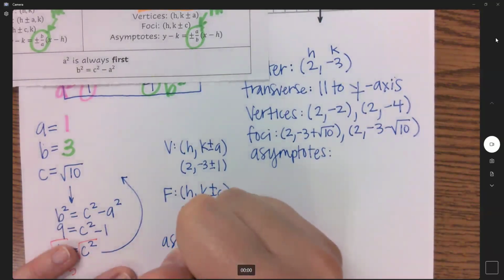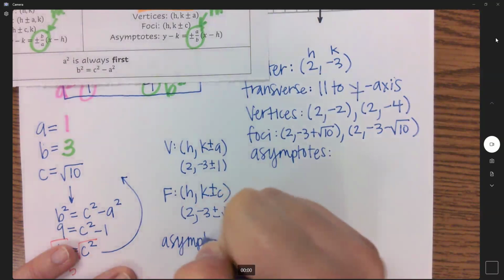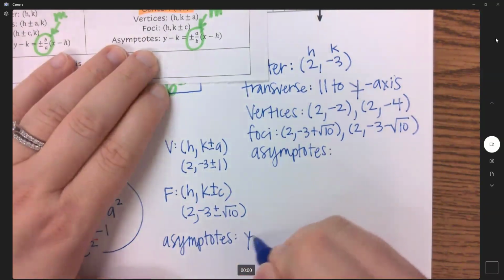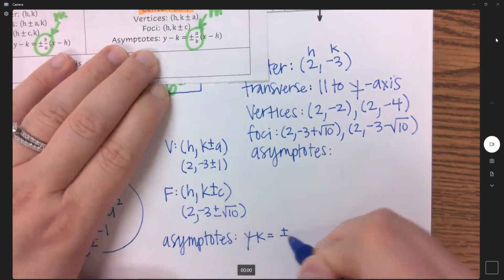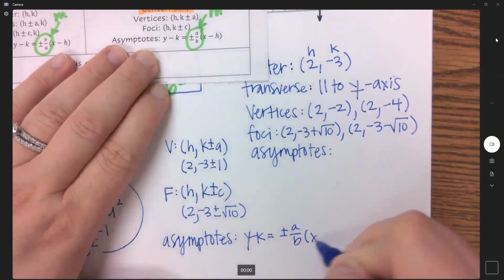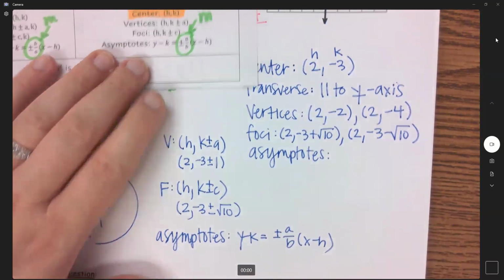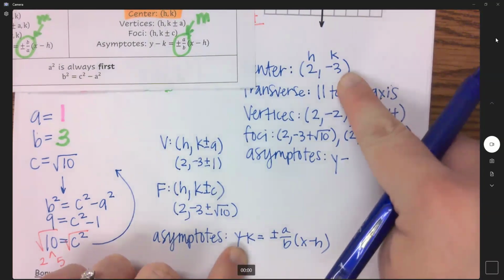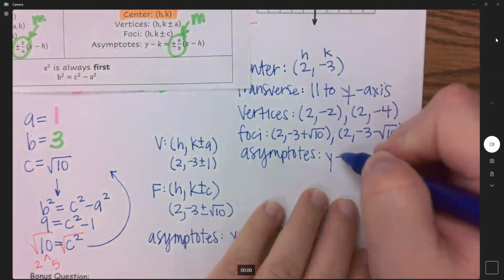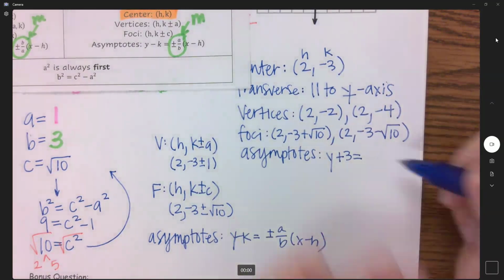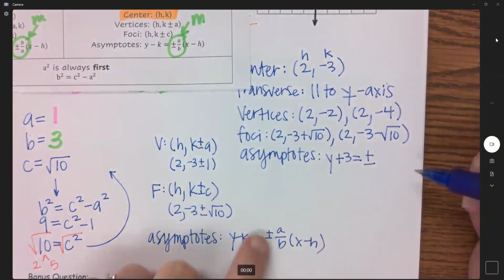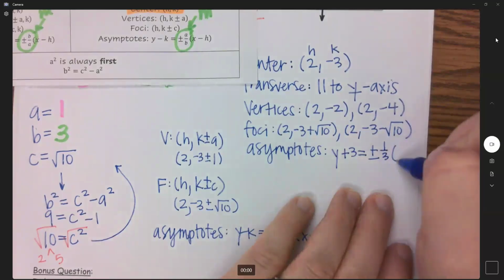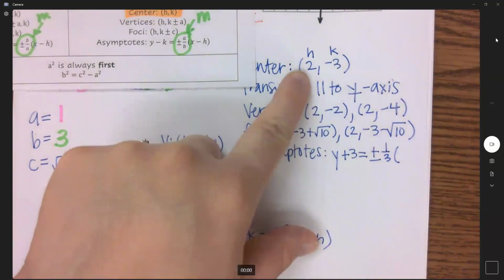Then my formula for asymptotes is y minus k equals plus or minus a over b times x minus h. So we're going to have y minus my k of -3, so minus a negative becomes plus, equals plus or minus a over b, so 1/3, and then x minus h, my h is 2.